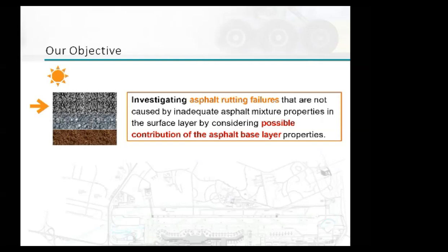So there is now a problem. It has been confirmed that intermediate layers and base layers of flexible asphalt airfield pavements can rut and do rut. So we need to do something about it. What? Well, let's see. Do we need to bump up the grade, change the mix design? What should we do?